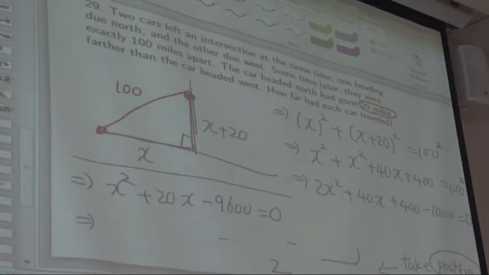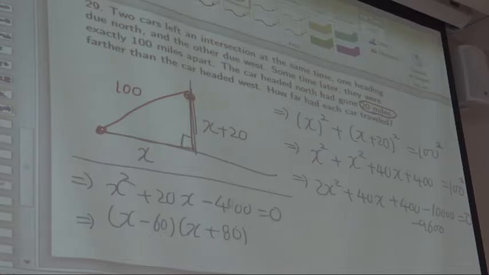I like that X thing, the no name formula. There's actually a x minus 60 and x plus 80. And I have to divide it by 2. That's the reason. So this is 9600, and I have to divide it by 2. This is a 48.